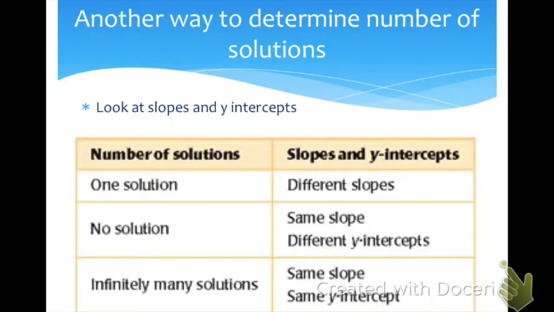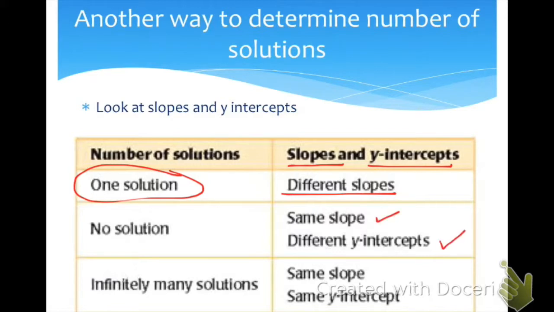So there's another way to look at them without having to solve. And we can automatically determine the number of solutions they would have by looking at the slope and the y-intercept. So two lines with different slopes have one solution. We're going to find that one point where they intersect. If the two lines have the same slopes but different y-intercepts, there's going to be no solution.